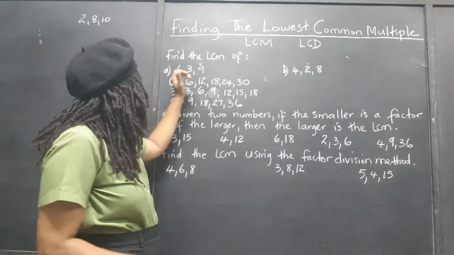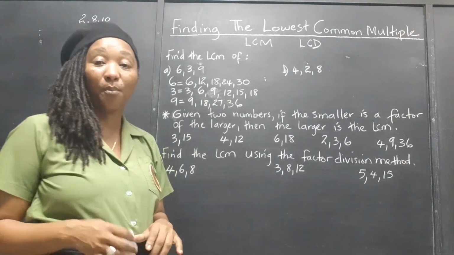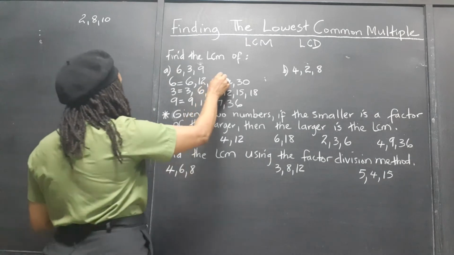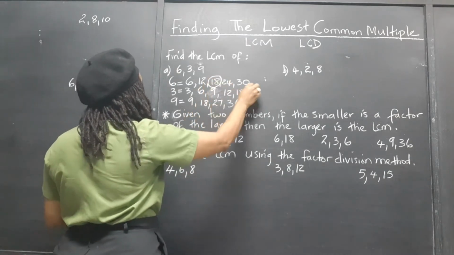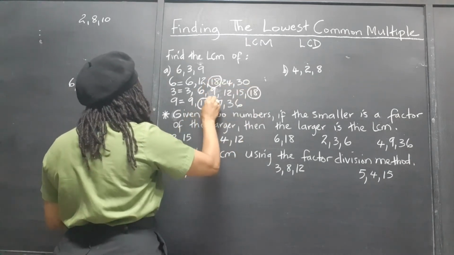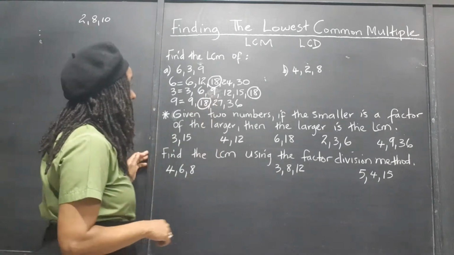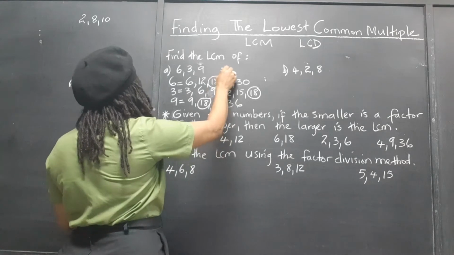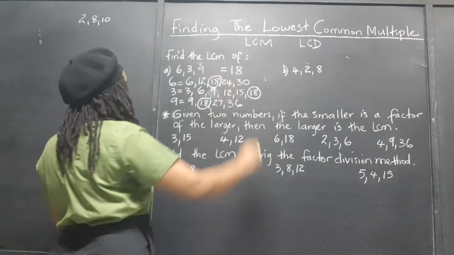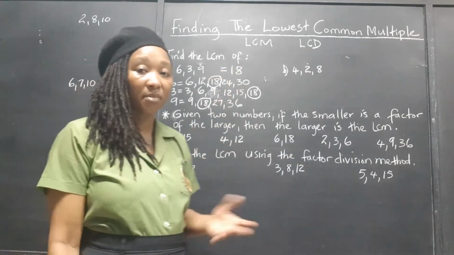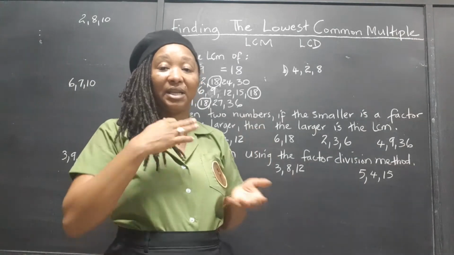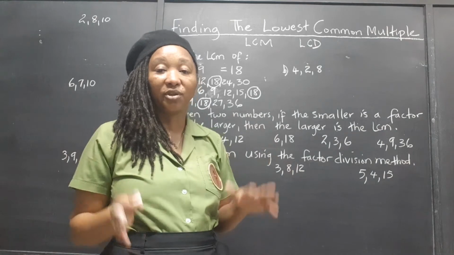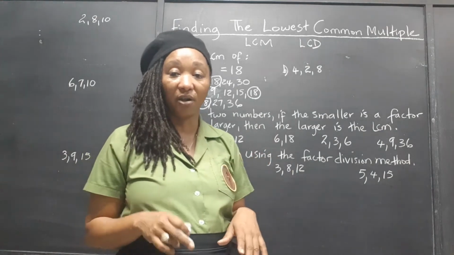So we're given three numbers, so it has to be a multiple that's common to all three numbers. And that's 18. 18 is the smallest number that all three of them have. So the LCM of 6, 3, and 9 is 18, using the method of listing out the multiples until we come to the first one that's common to all three.